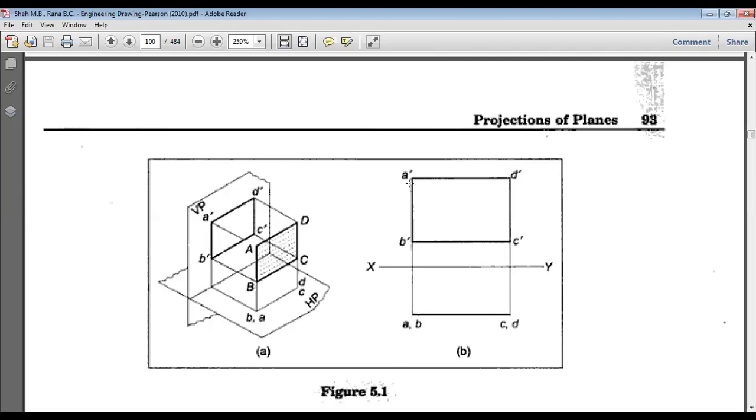It is not like this is A, this is B, this is C, this is D. It should be in sequential order A, B, C, D. Whatever points we have here, A, B, C, D, the same points we write in small letters. Since this is the front view, this will be written as A dash, B dash, C dash, D dash.